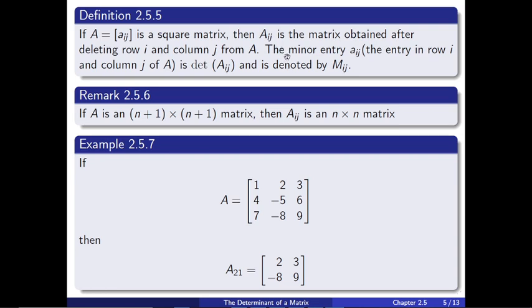So that is the matrix, and then the minor entry aij, which is the entry in row i and column j of the original, is the determinant of this new matrix after deleting row i and column j, and is denoted by Mij, right?